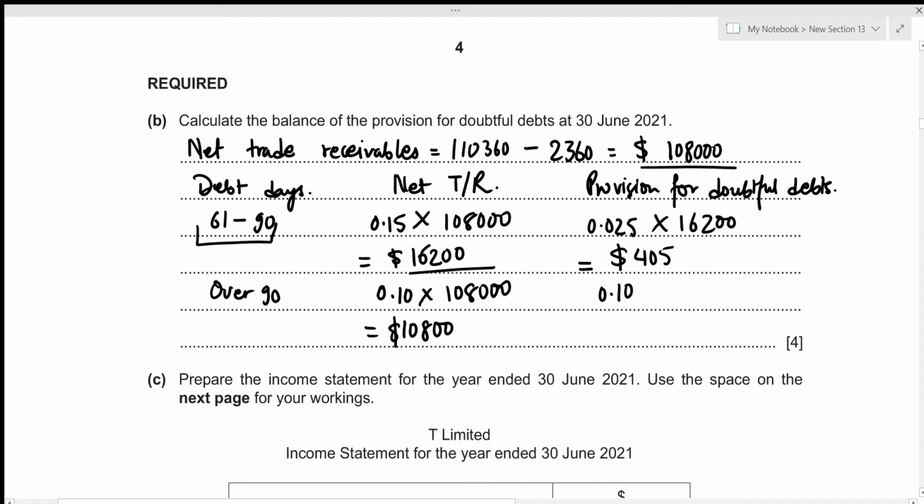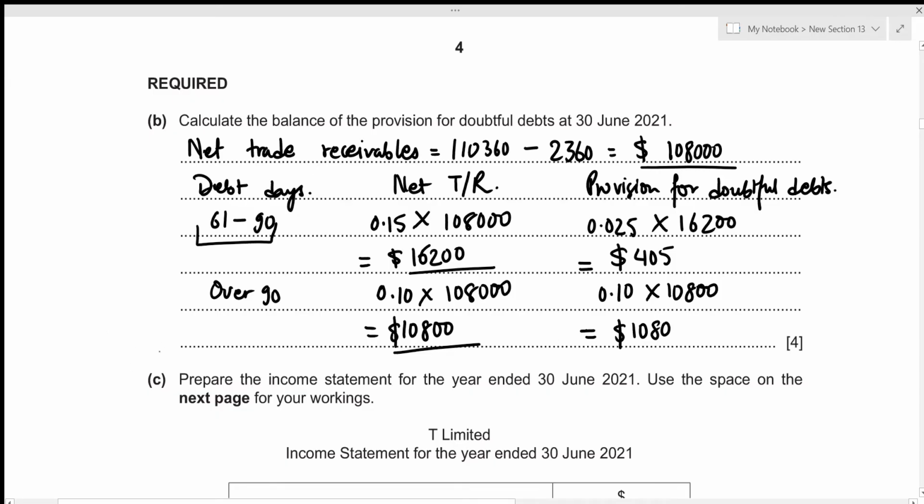Now again, for the debt over 90 days, we will multiply it with the corresponding net trade receivables, which we figured out to be 10,800. Let's multiply that. Now this gives 10% of 10,800, which is going to be 1,080.